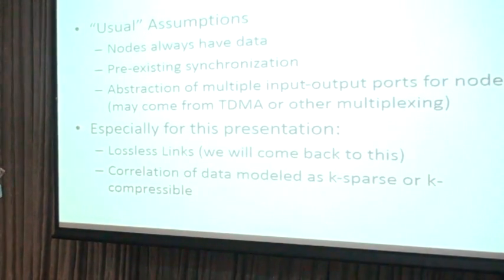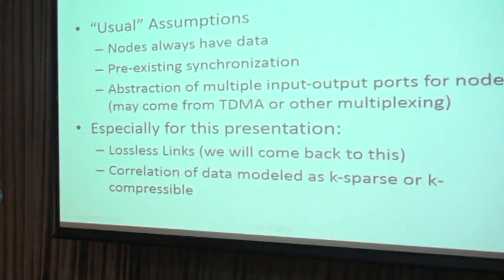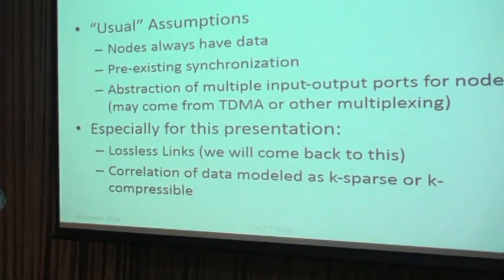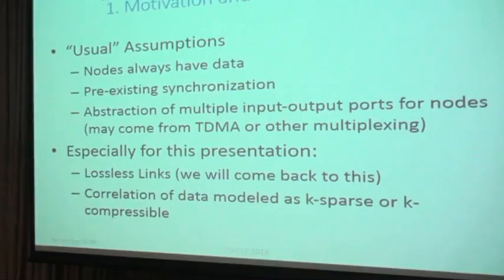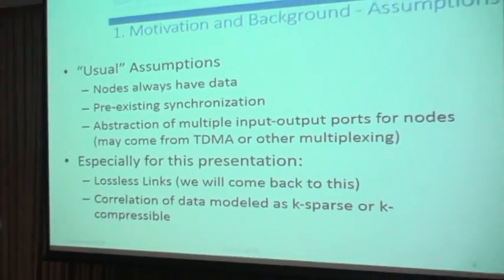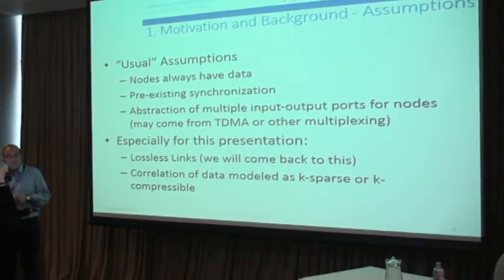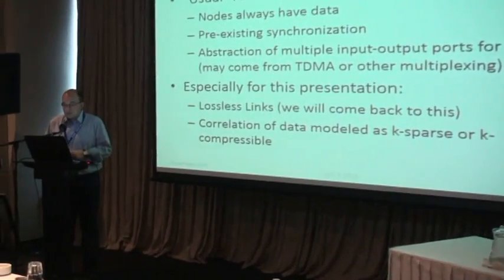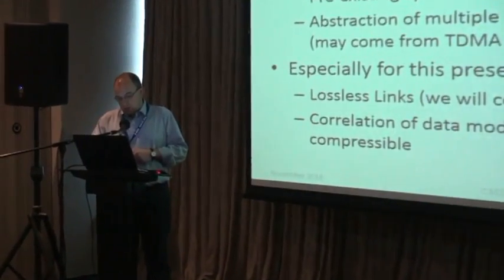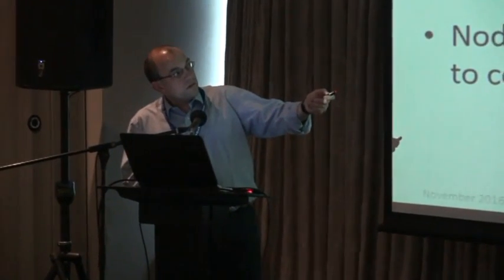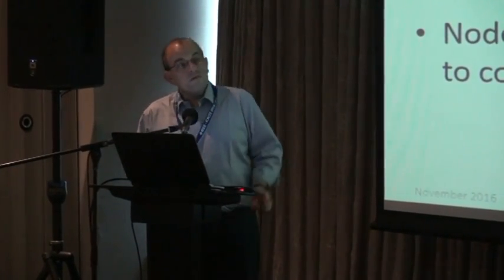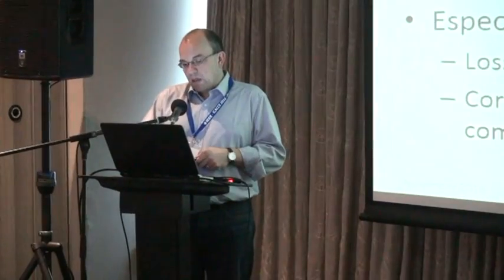And we also use the abstraction that whenever there are several nodes that want to talk to the same node, we have a way of doing this, and there are many ways of doing this. Could be time division multiple access, could be frequency division multiple access, but we sort of assume that we can consider nodes like this that have 2 incoming ports and 1 outgoing port, something like that.